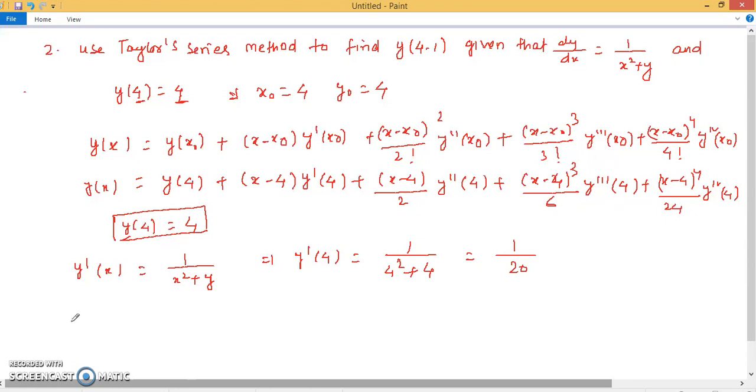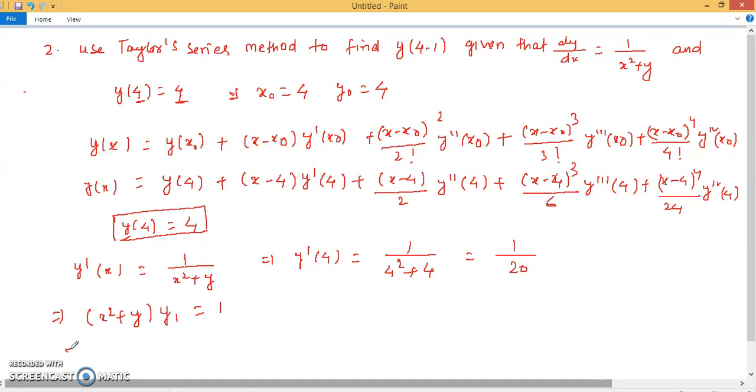Now for y2 we have to differentiate again. This differentiation will become complicated, so I will do a cross multiplication here and then we'll differentiate. So you get x square plus y, times y dash of x, which I am representing as y1, is equal to 1. I didn't differentiate, I just cross multiplied, and in the place of y dash I have written y1. So this is the first derivative only.